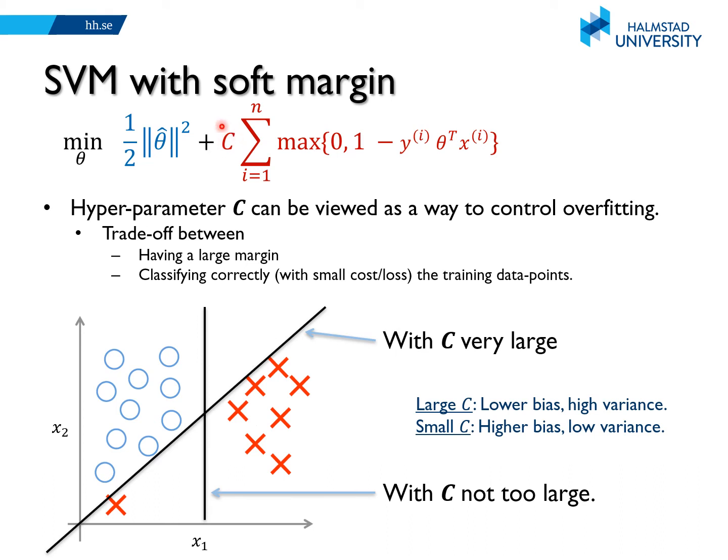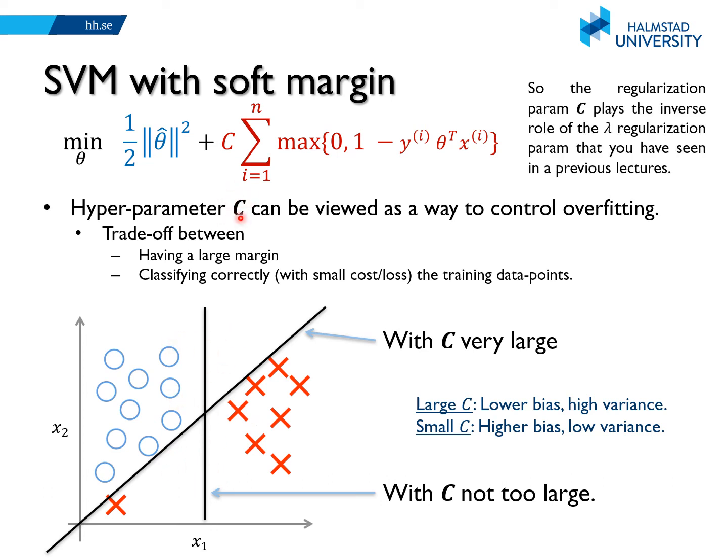Now, if you choose C to be not too large, then you will also give some importance to this part here. So you also want your margin to be large in order to achieve a better generalization. So you will maybe get this hyperplane or line in this example, which misclassifies this training example, but it has a larger margin, so it is able to generalize better.